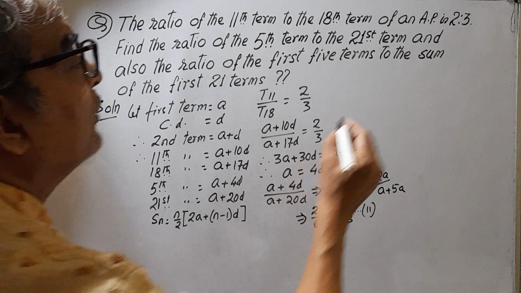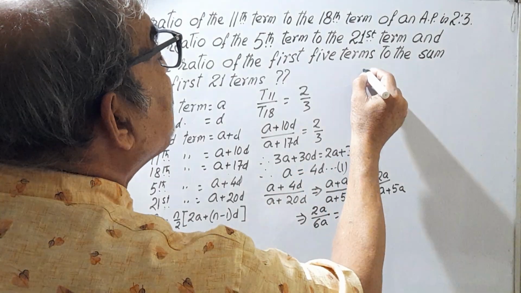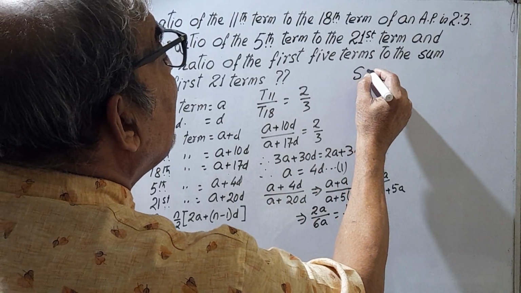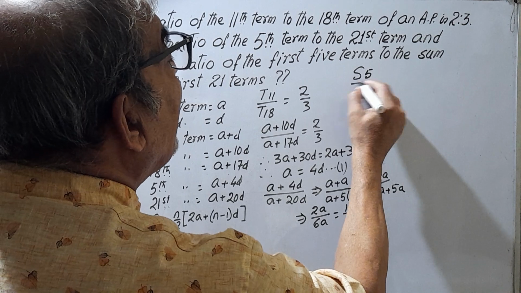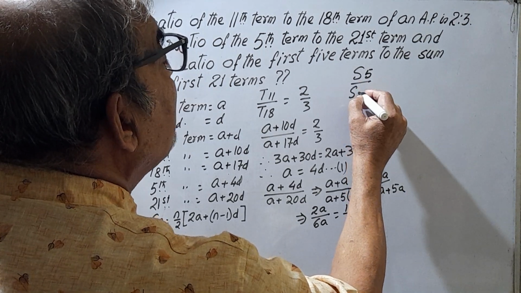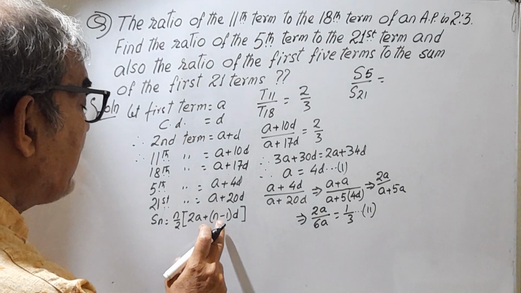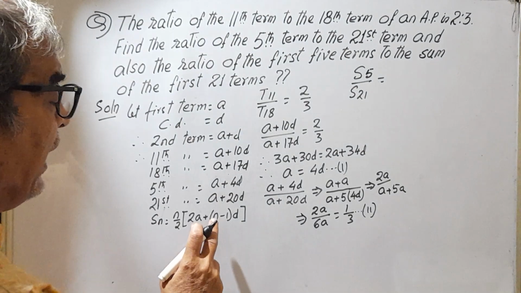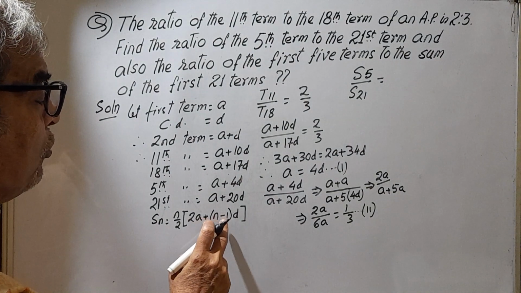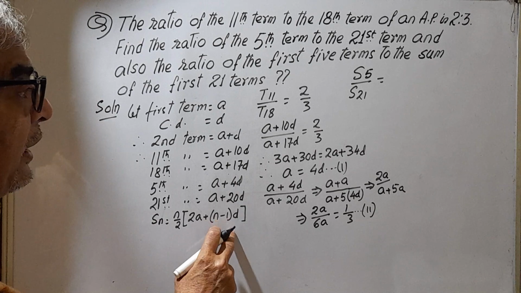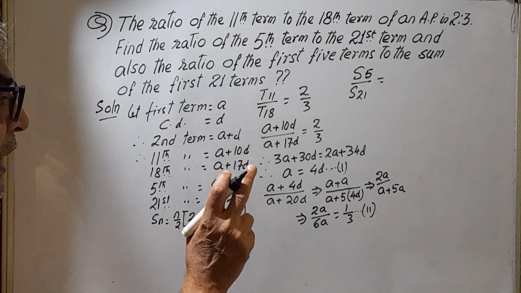Try to understand. So you write S5 by S21. Clear? 4d equal to a.